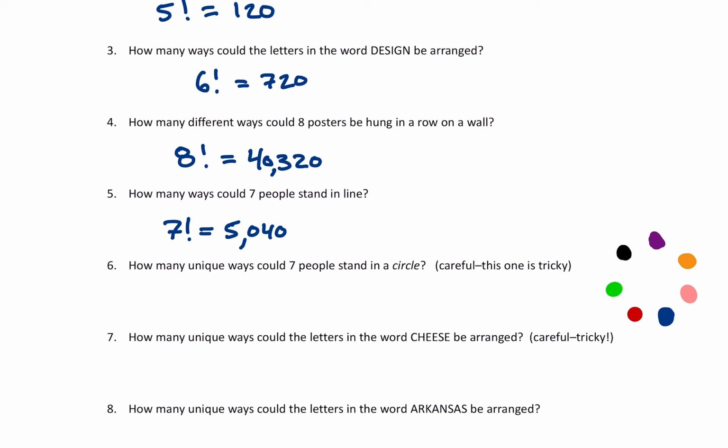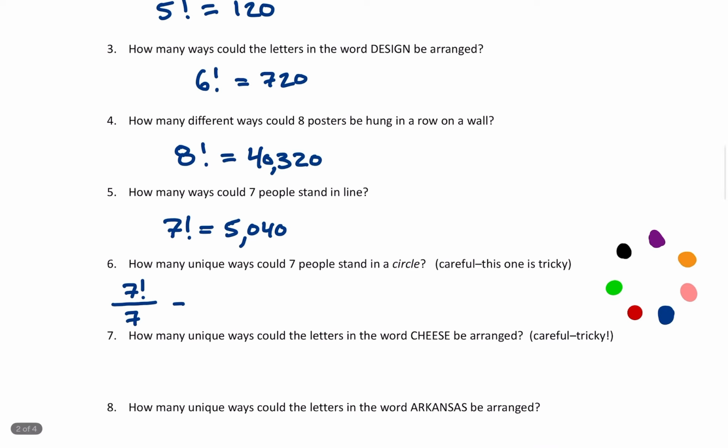So when we have a circle, we can do this 2 ways. The first way we can do it is we've got 7 people, so we've got 7 factorial, just like above. But we have to account for the fact that there are 7 different ways I can turn this circle that I get the exact same order. So if I do 7 factorial divided by 7, I'll get 720 as my answer.